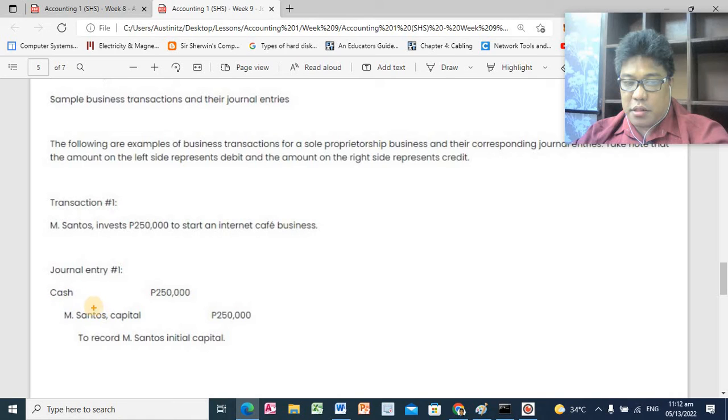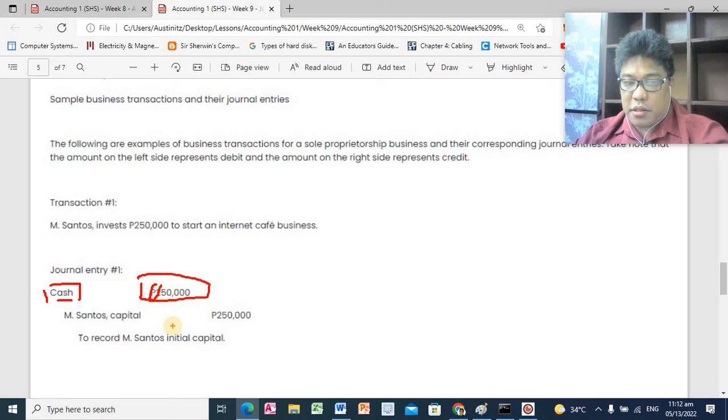So let me explain this. For the debit side, nakasagad po yan. Tapos we have the account, which is cash, and then we have the value, which is 250,000 pesos. Don't forget to put the peso sign.